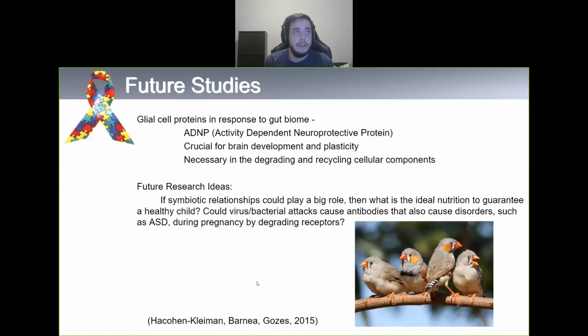And for future studies, there's a current study going on now that glial cell proteins caused by gut biome stimuli could be affecting the brain during pregnancy. So ADNP, activity-dependent neuroprotective protein, was originally discovered as a protein that is secreted from glial cells in response to vasoactive intestinal protein, VIP for short.